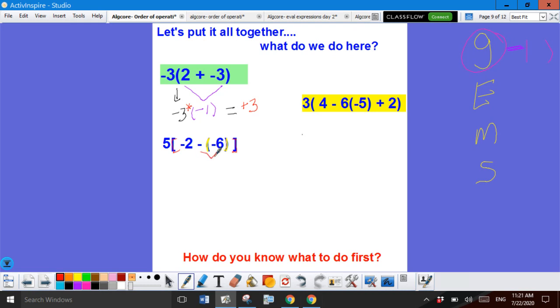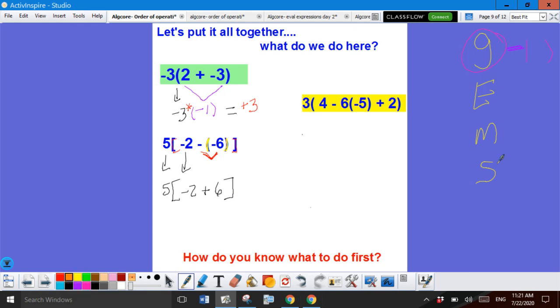So I'm going to start right there. A negative and a negative is actually a positive. So my 5 is going to drop. My negative 2 is going to drop, but the negative and a negative becomes a positive. The 6 drops. Okay, so I've done one step.